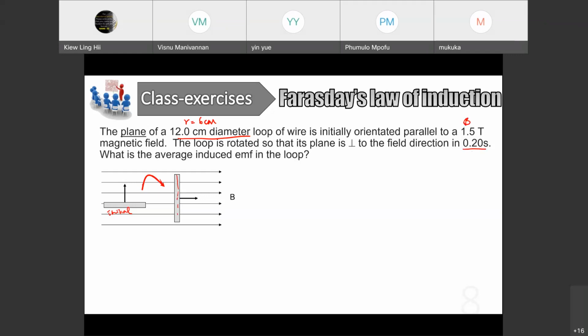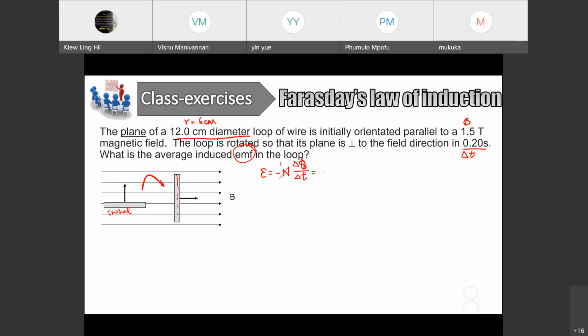That is your change in time. What is the average induced EMF in the loop? So we would like to find the induced EMF. According to Faraday's law, induced EMF is given by negative N times the change in the flux over change in time. If the number of turns is not given, by default it will be equal to 1.